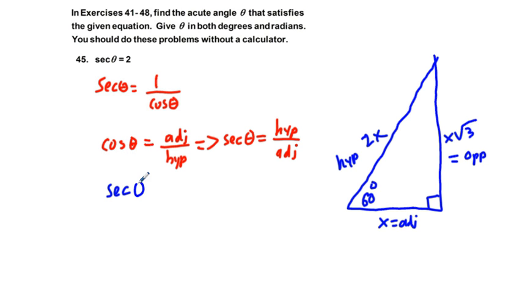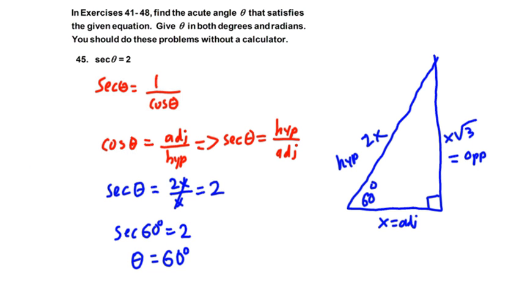Secant theta is going to be equal to our hypotenuse, in this case 2x, over our adjacent side, which is x. Well, x over x cancel, so we get 2 here. So the angle that it's going to take for this equation to be true is that secant of 60 degrees is equal to 2. So therefore, theta is equal to 60 degrees.